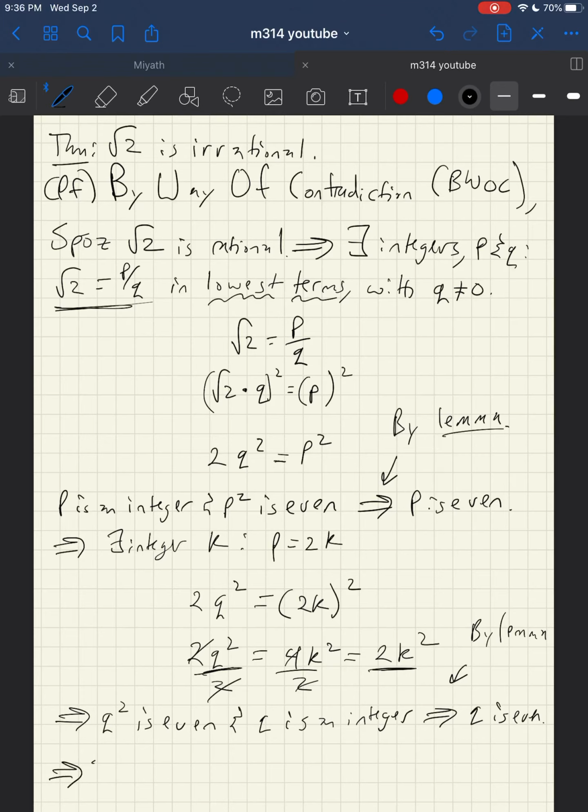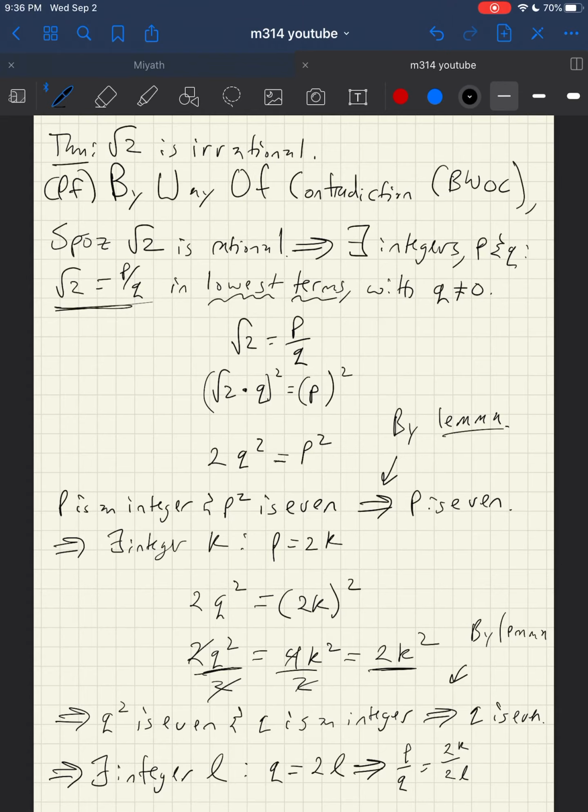But that means that there exists an integer L such that q equals 2L. But hold on, that means p over q is 2k over 2L.